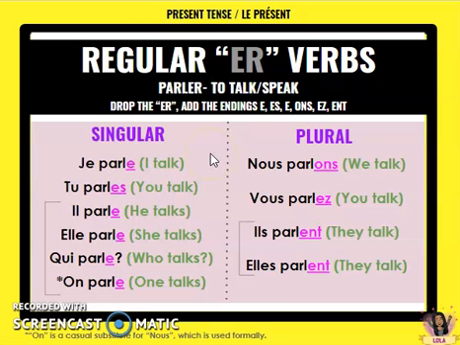And here is parler, which means to talk or speak, in the present tense. It is again a regular ER verb. Je parle, tu parles, il parle, elle parle, qui parle, on parle. Nous parlons, vous parlez, ils parlent, elles parlent.